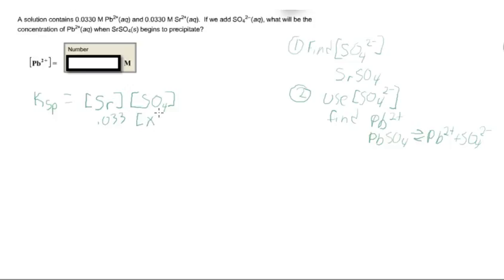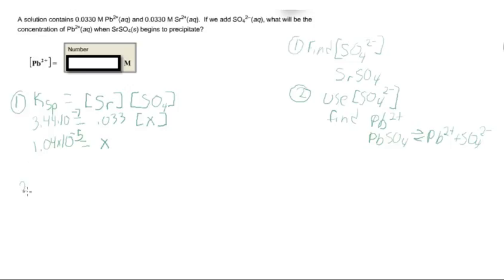We don't know the sulfate, and we can look up the KSP of strontium sulfate to be 3.44 times 10 to the negative 7th. So we're going to divide both sides by 0.033, and we get x equal to 1.04 times 10 to the negative 5th. Okay, so that's step one.